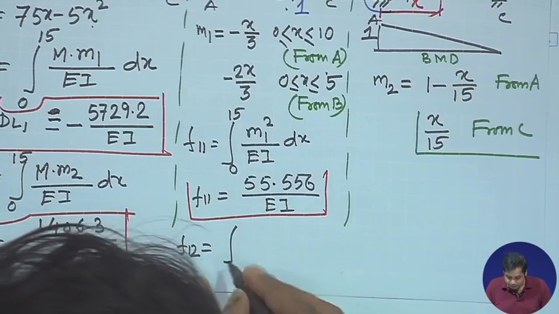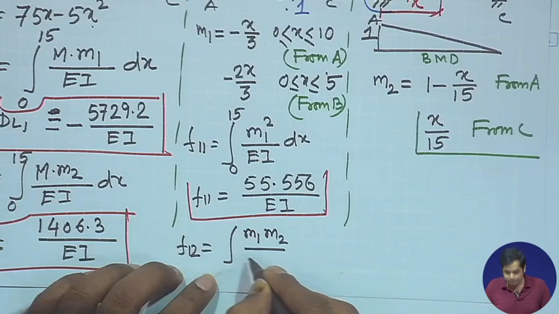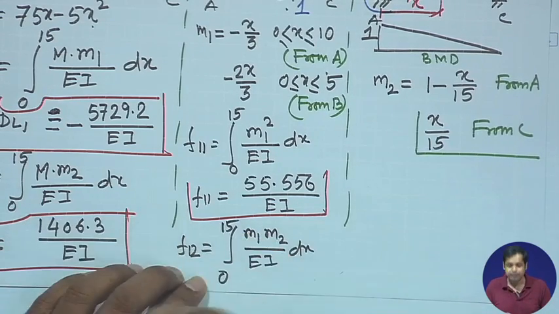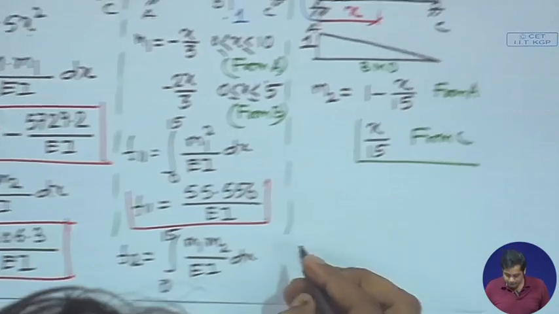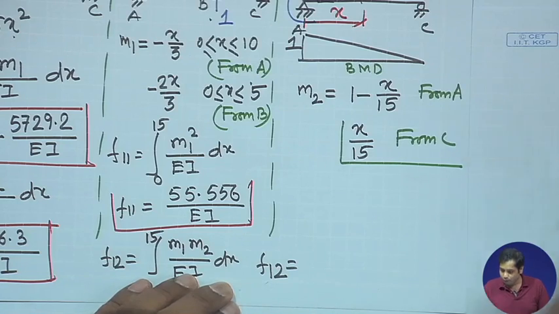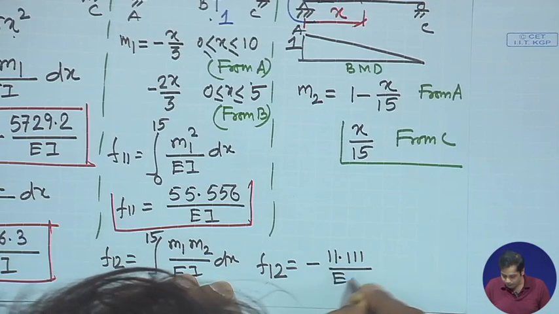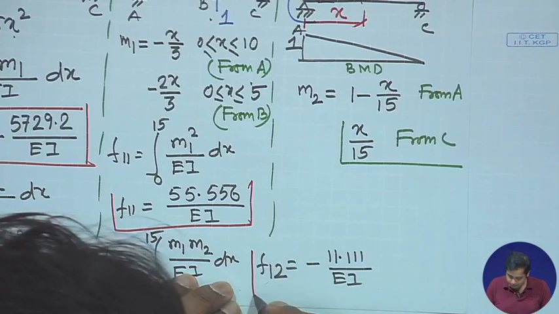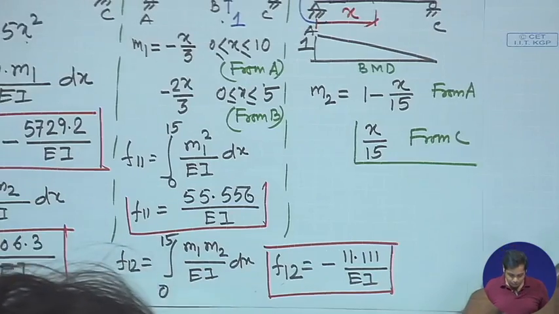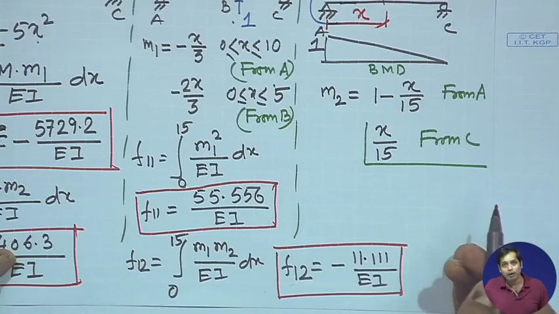So, this becomes the integral of m1 m2 divided by EI dx from 0 to 15. If you do that, F12 comes to minus 11.111 by EI. So, we have determined F11 and F12, and F21 will be the same.